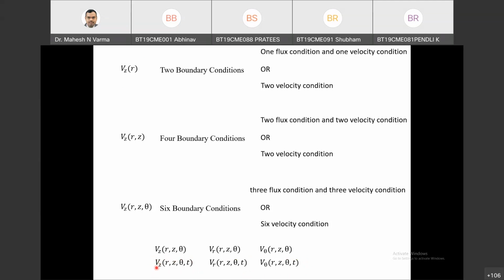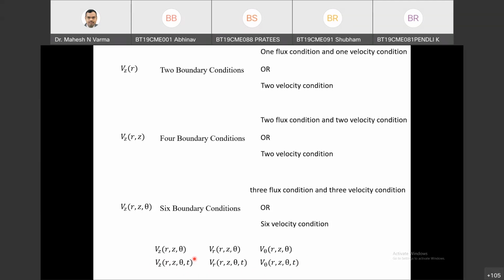So I am considering Vz, Vr, V theta, varying in all three dimensions, and an unsteady state problem. Can the problem be solved using any technique? As I am saying, there is no analytical solution available till date.